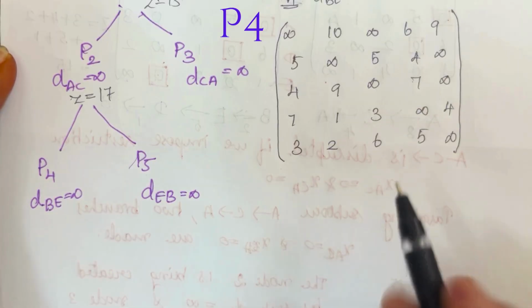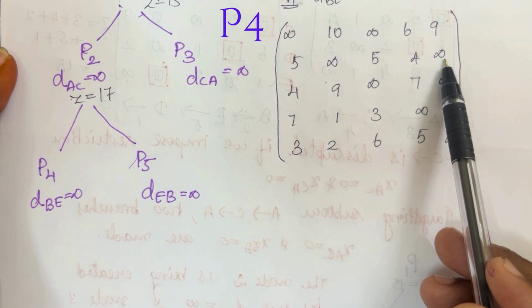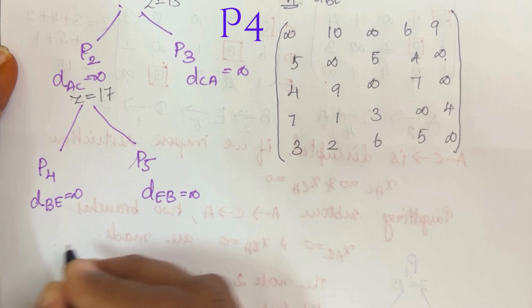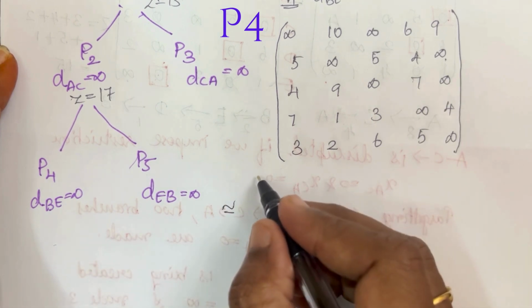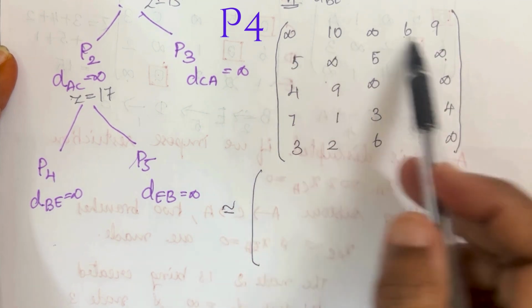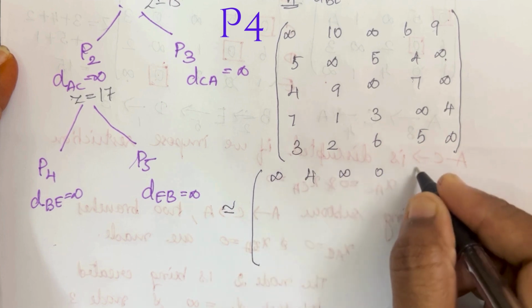Now we are going to move to problem 4. So we have here infinity on the diagonal. The same procedure: first, there should be zeros in all rows. As we proceed here, 6 is the minimum element, and subtracting that we get 4 infinity 0 3.